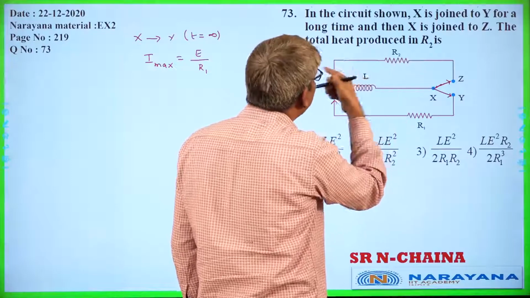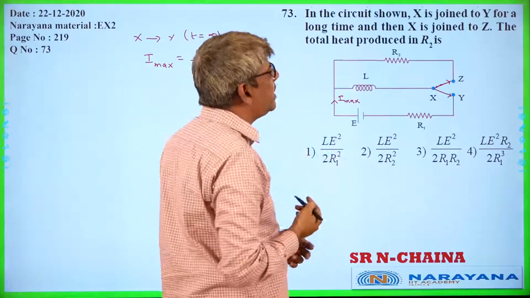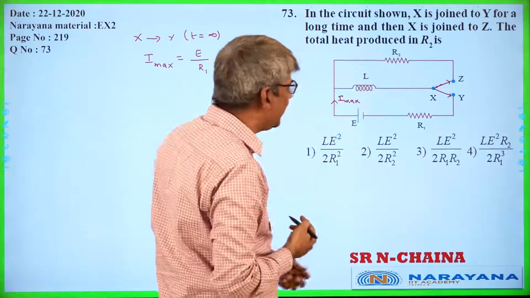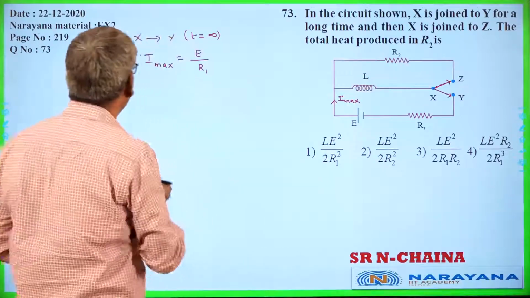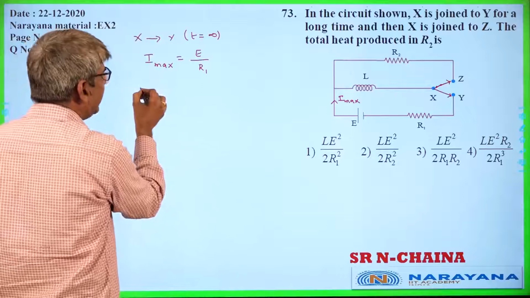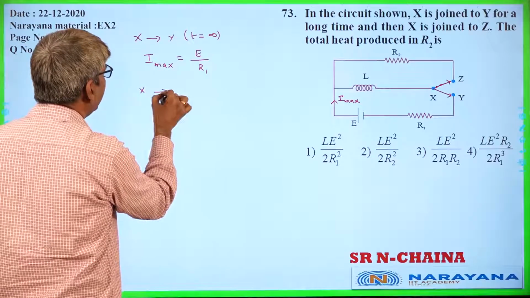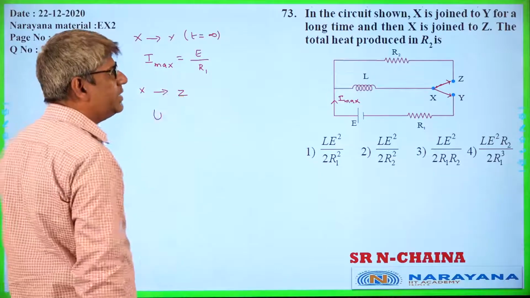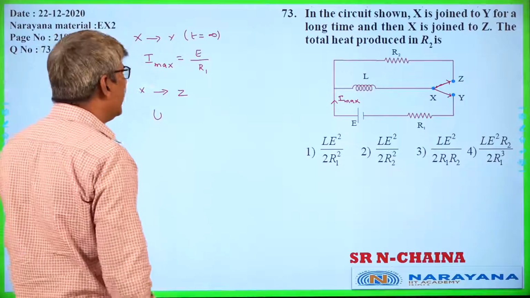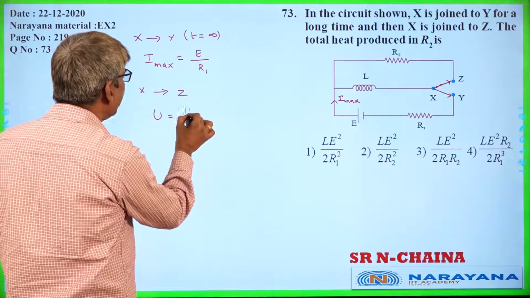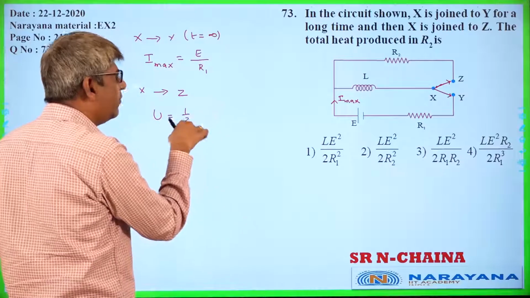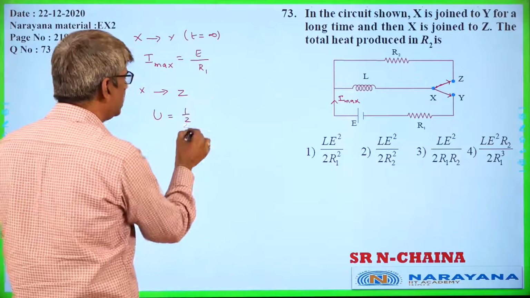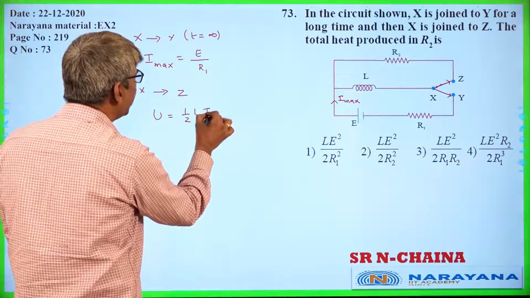He is asking the total heat produced in R2, which is simply the energy stored in the inductor. Whatever energy was stored in the inductor, the same energy will be produced as heat in R2, which is half I maximum square.